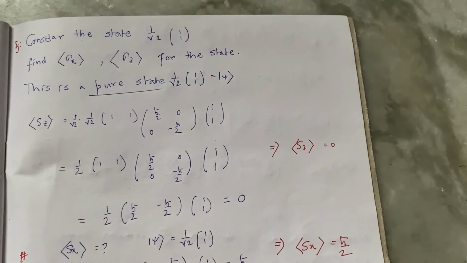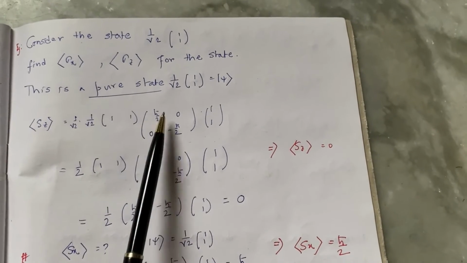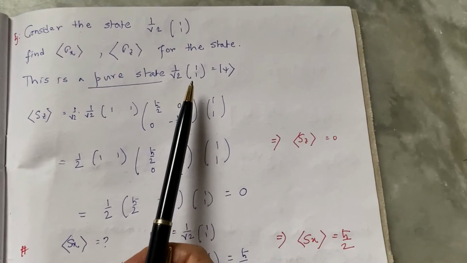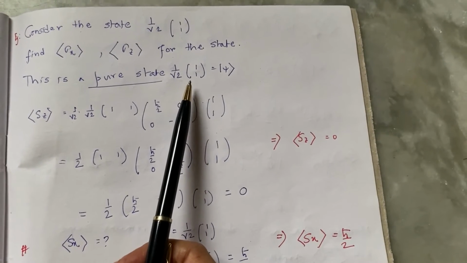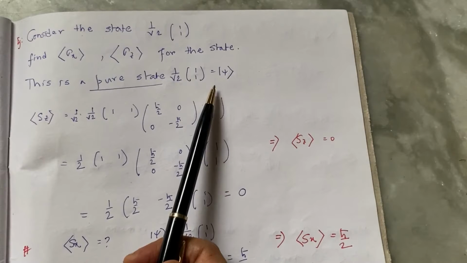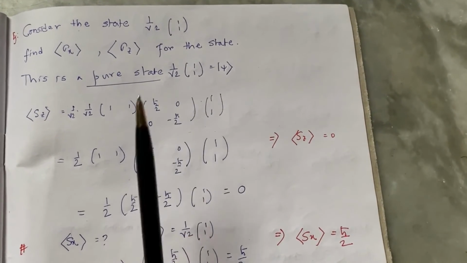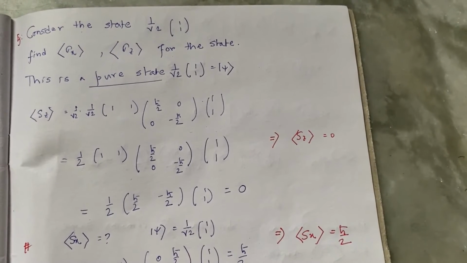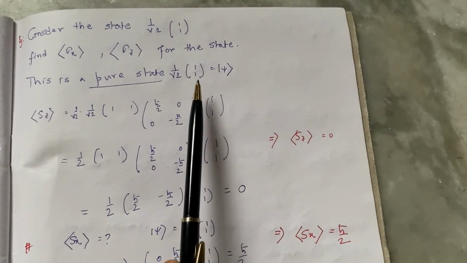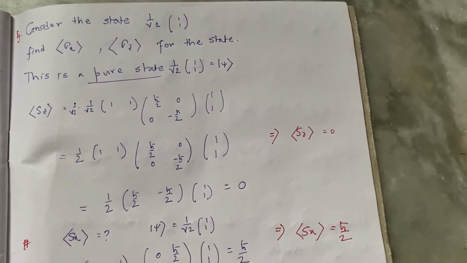Now let us consider this eigenstate of Sx. This I am taking just as an example. This is a pure state, of course, because this is the eigenstate of Sx. There is no mixture of states, as we can see here. Now my job is to find out the expectation value of Sz and Sx both in this state.